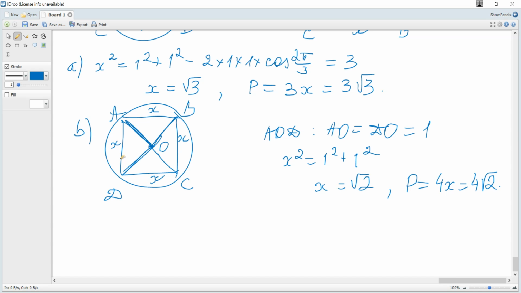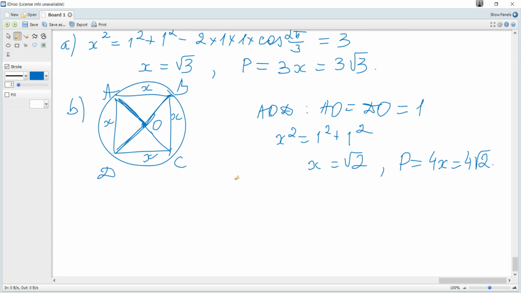Or you may consider right angle triangle AOD, and using an angle pi over 4, we can consider sine or cosine and find x, or just use the Pythagoras theorem for a given right angle triangle.